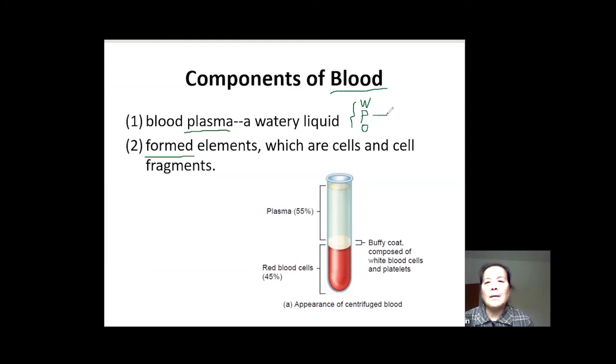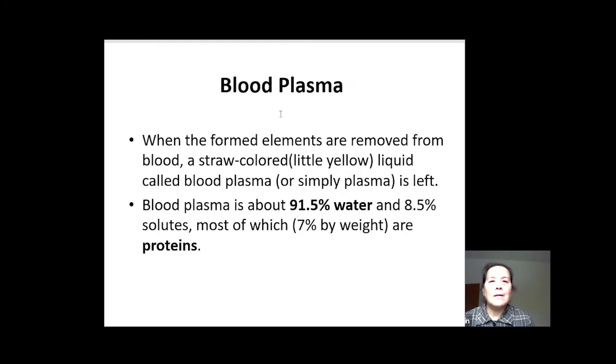So we mainly discuss protein. There are three different kinds of protein we discuss. We are not necessary to discuss water, not necessary to discuss other stuff. Then we discuss the formed part. In the formed part, mainly we discuss cells. The other part besides cells we are still not necessary to discuss. So then we discuss the cells.